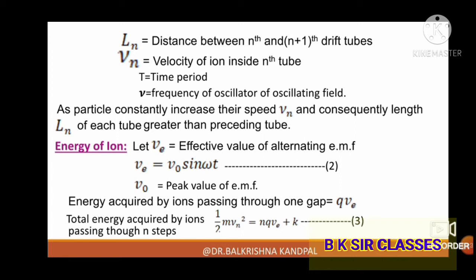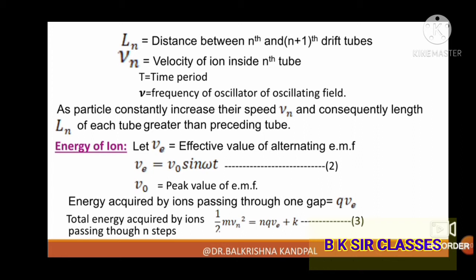Here we can also calculate how much energy is gained by the ion. Let's suppose Ve is the effective value of the alternating emf. Its equation may be shown as V = V0 sin omega t, as it is simple harmonic motion, and this is equation number 2.